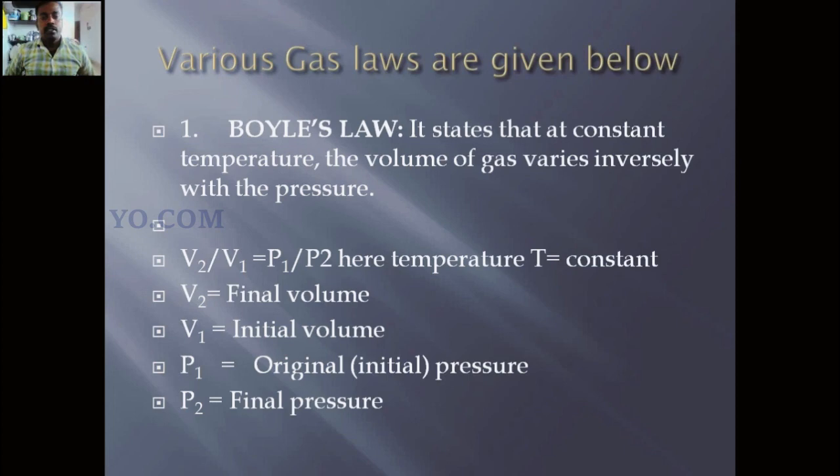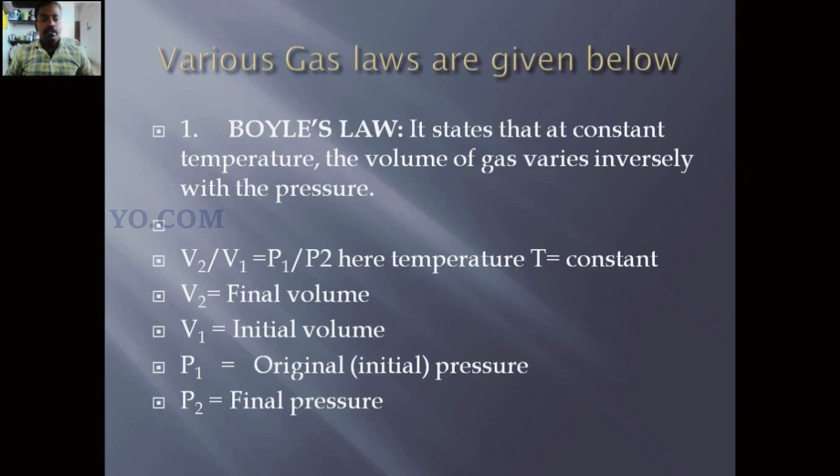It states that at constant temperature, the volume of a gas varies inversely with pressure. Temperature is constant, and volume varies inversely with pressure. So when pressure increases, volume decreases. That is Boyle's law.